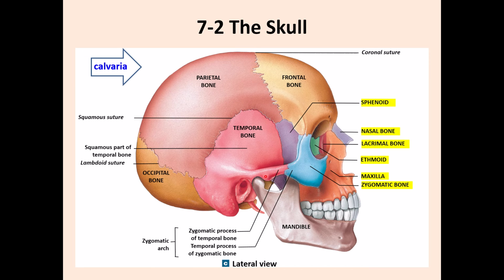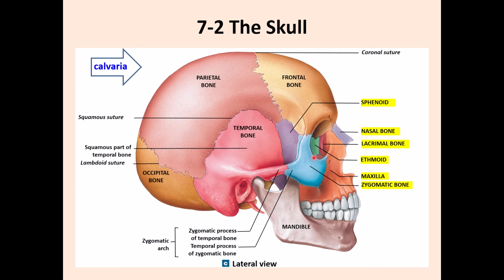So this is the process. This is going and attaching to the zygomatic bone, so this is why it is called a zygomatic process, and that articulates with the process of the zygomatic bone, and that process is called the temporal process. So these 2 processes together are called the zygomatic arch.